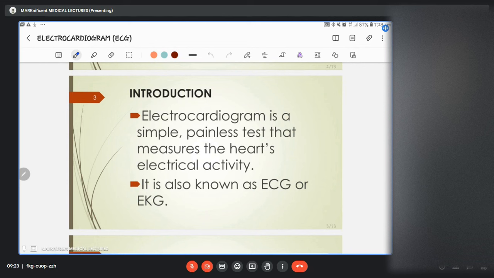By way of introduction, the electrocardiogram is a simple, painless test that measures the heart's electrical activity. I remember when I was in Sumdo, we used to have the practical session before the whole COVID and the war, with our internal medicine teacher there.